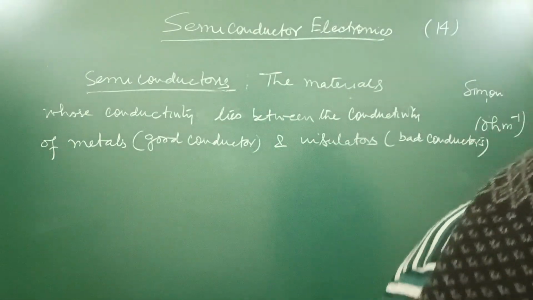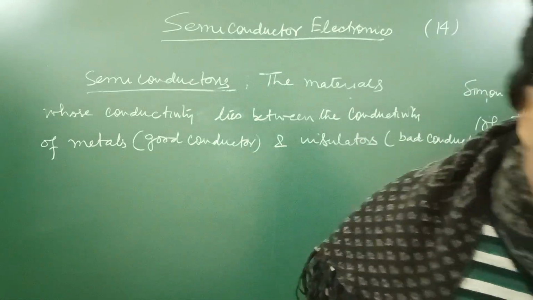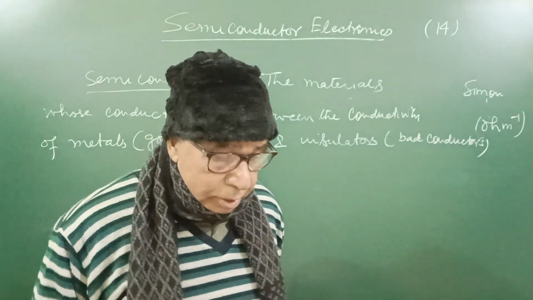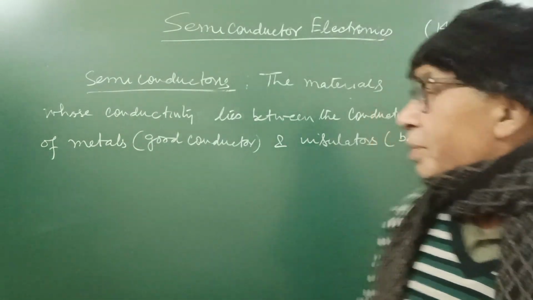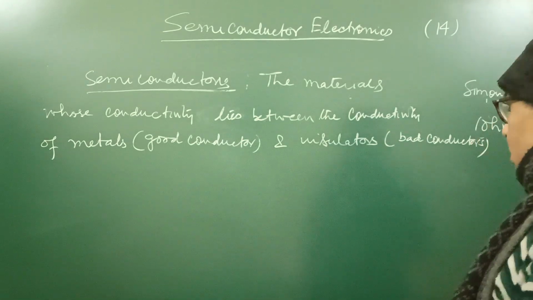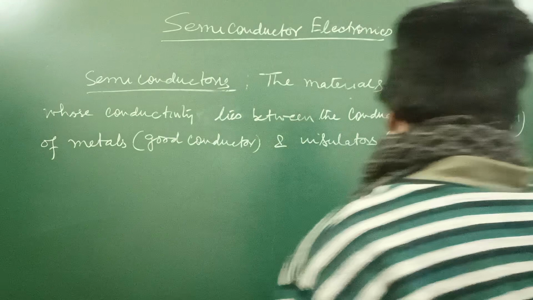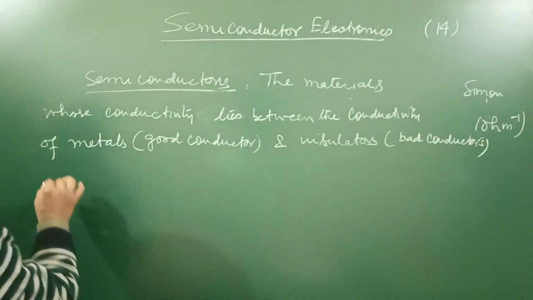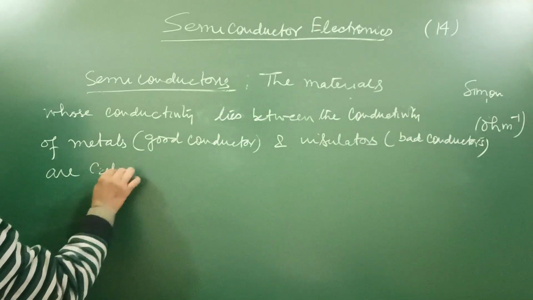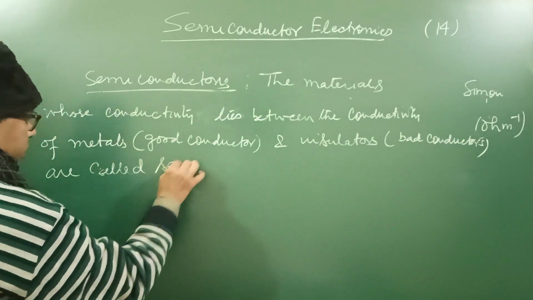Semiconductors may be elemental and compound also. So I was telling that semiconducting materials, the materials whose conductivity lies between the conductivity of metals, good conductors, and insulators, are called semiconductors.